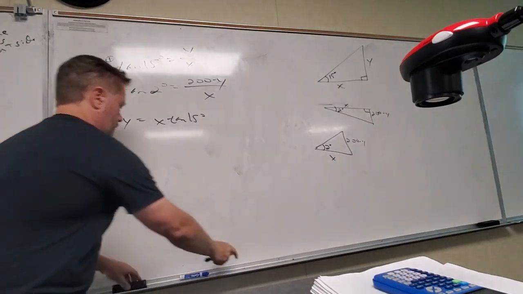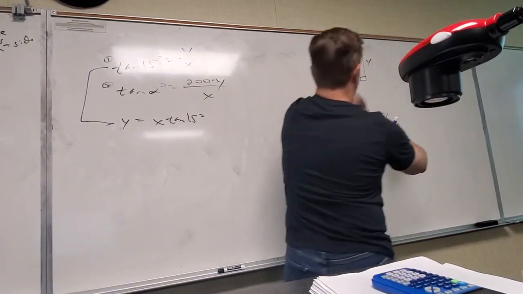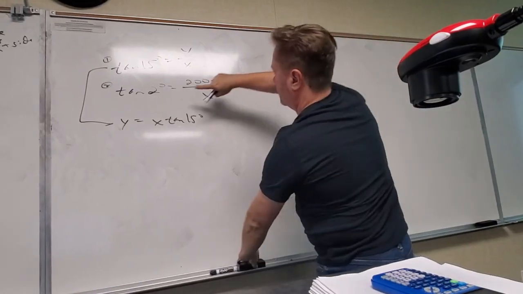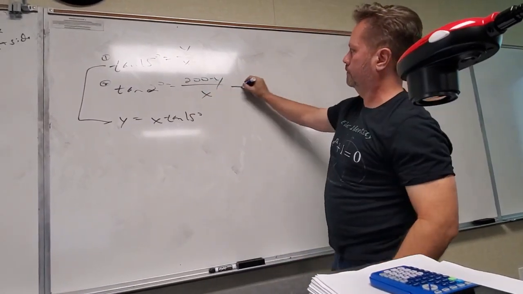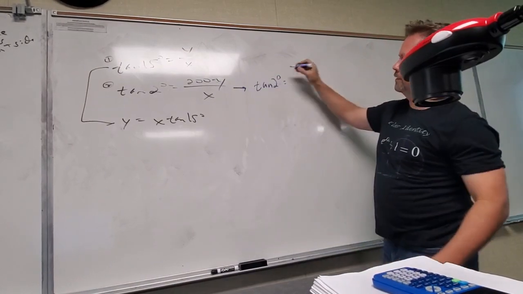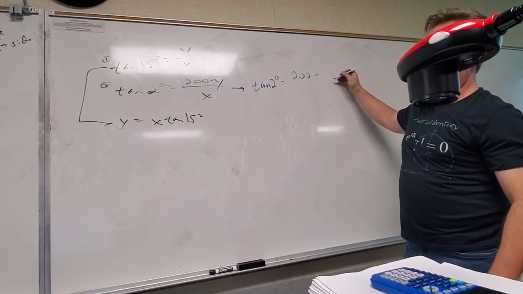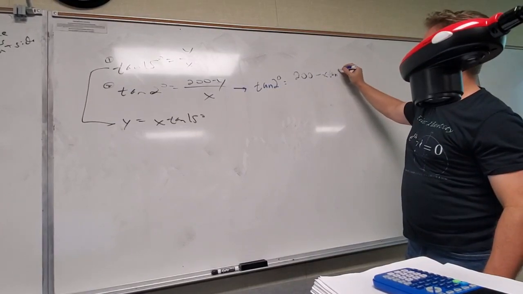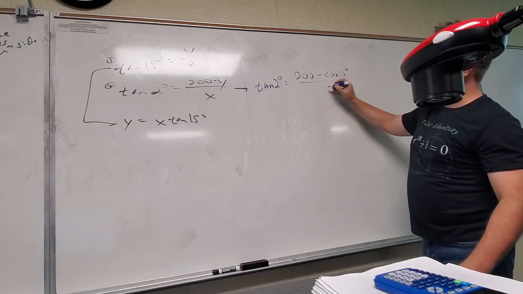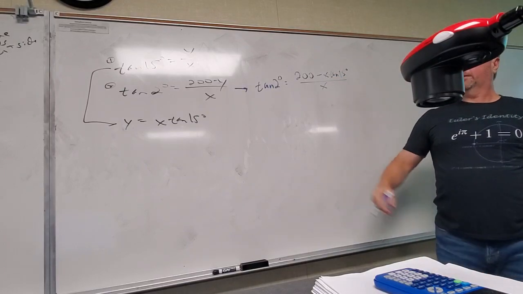So if I take tangent 2 degrees equals 200 minus y over x, and y is x tangent 15.